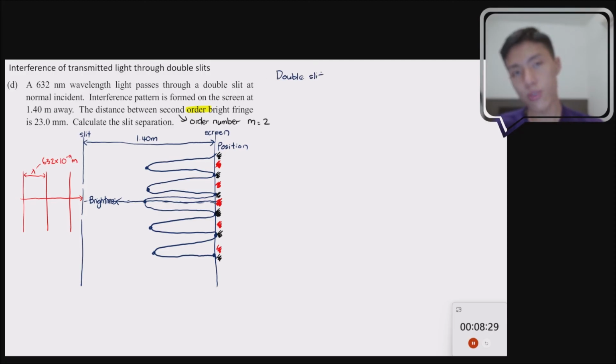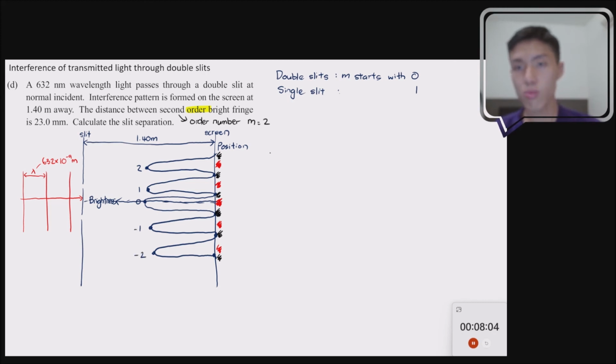For double slit, m starts from 0. Why is it so? You can refer to the explanation video. But if it's single slit, then your m starts with 1. This is a double slit situation, so it starts with 0. The center one is 0, then here it will be 1, here will be 2, here will be -1, here will be -2.